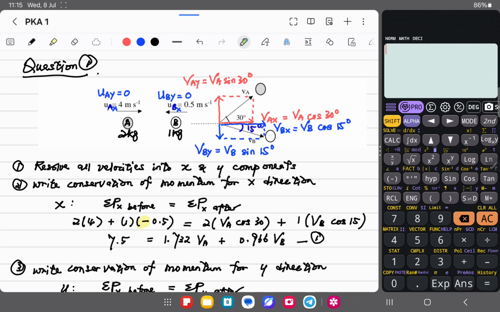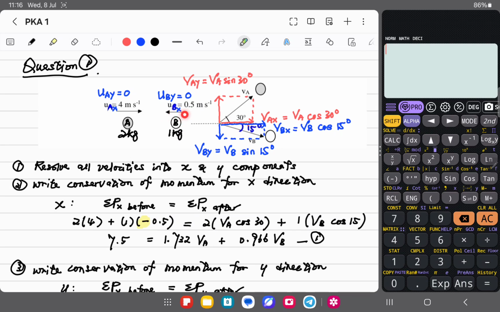So we find the momentum. Before collisions along the x-axis, ball A is going to have 2 multiplied by 4, plus 1 kg for ball B and minus 0.5 for the initial velocity component x of ball B. Why negative?